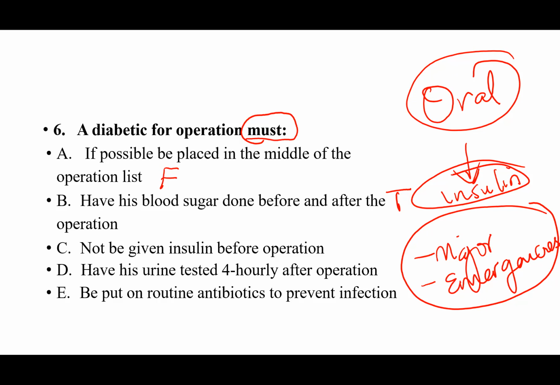But insulin is something you can control and monitor. You reduce the dose, increase the dose, or give glucose. That is flexible. So C, we said, is false.